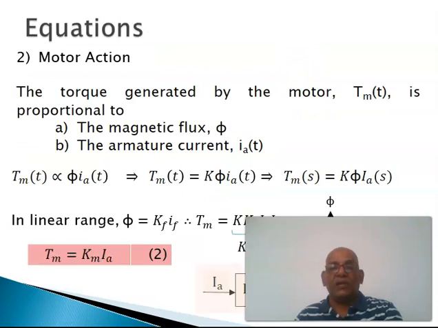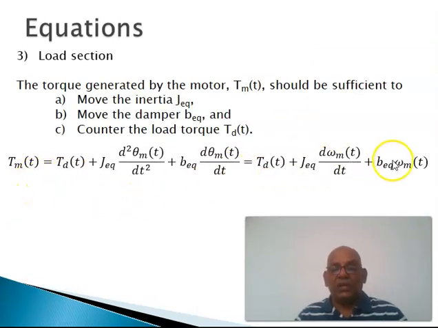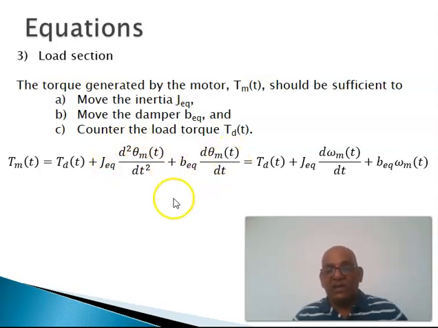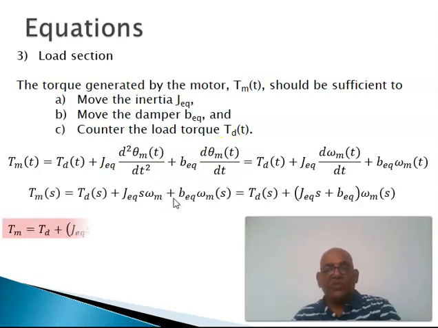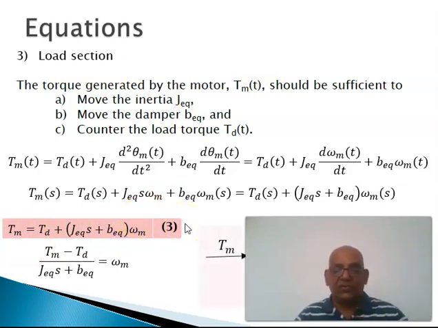Noting that, we can write one equation as shown over here. The torque required to accelerate the inertia is d square theta by dt square multiplied by J equivalent. Similarly, it is the first derivative here, and we take Laplace transform on either side to obtain the equation given in 3 here. You can carefully follow through them, write the equations one after the other.